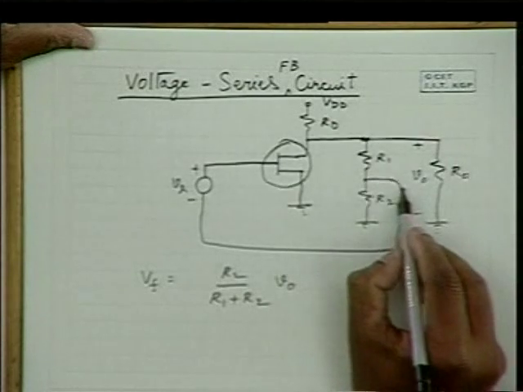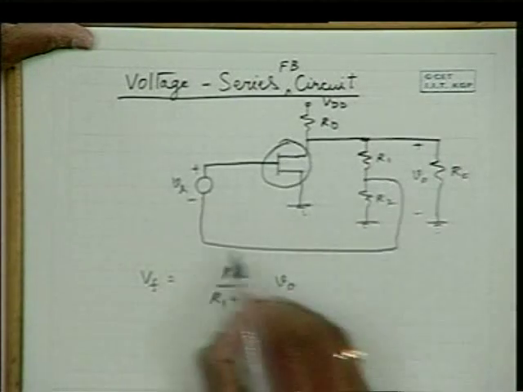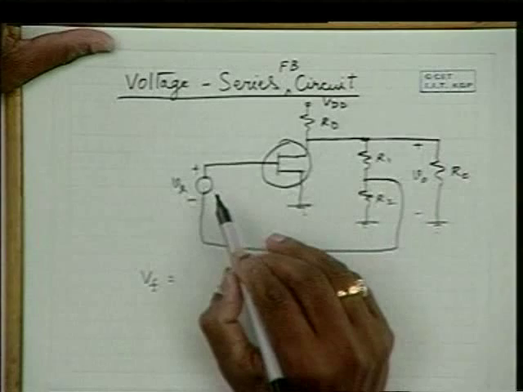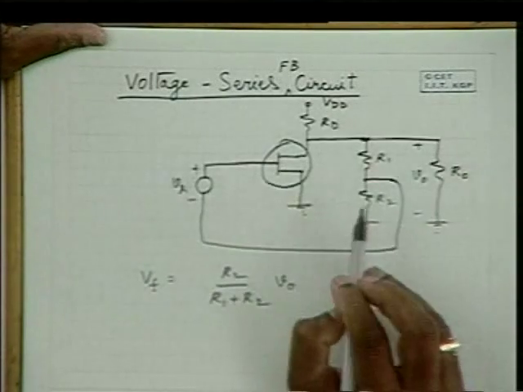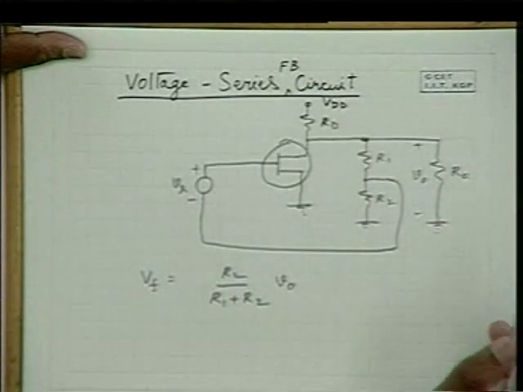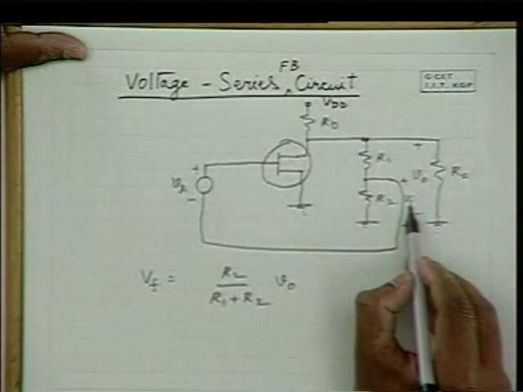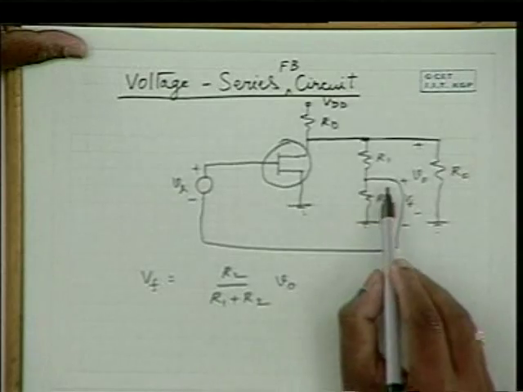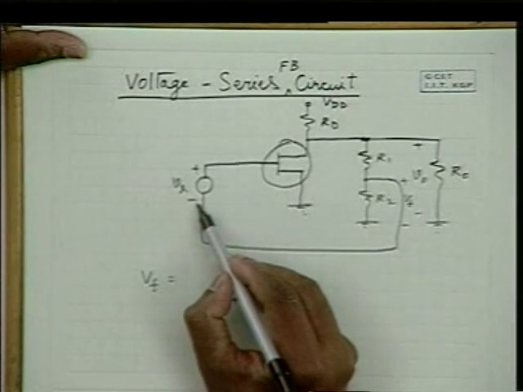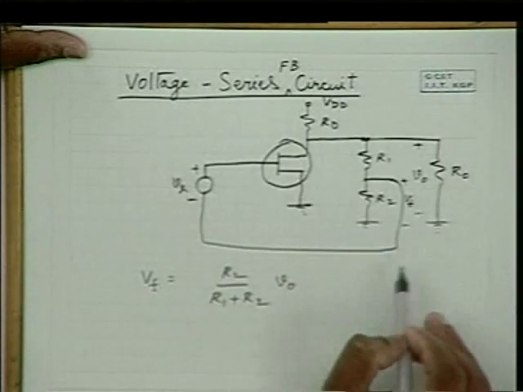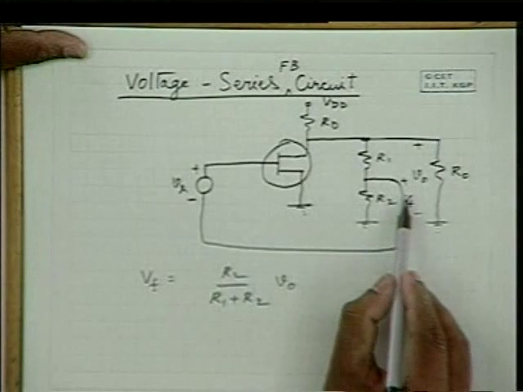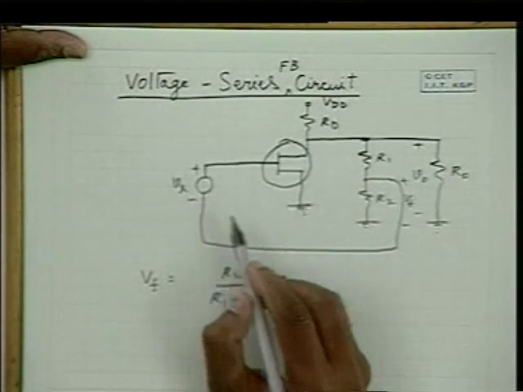Is this feedback voltage adding to the input source, or is it subtracting from the input source? Please note that this is the feedback voltage Vf, and the positive terminal is getting connected to the negative terminal over here. It is added. The feedback voltage Vf is added to the input signal.